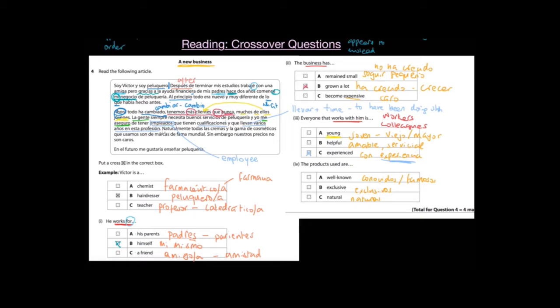Naturalmente, oh, hold on, I've got here something about natural. Naturalmente. Todas las cremas, hold on a second, but this is naturalmente at the beginning of a sentence. So is this going to be describing the products?